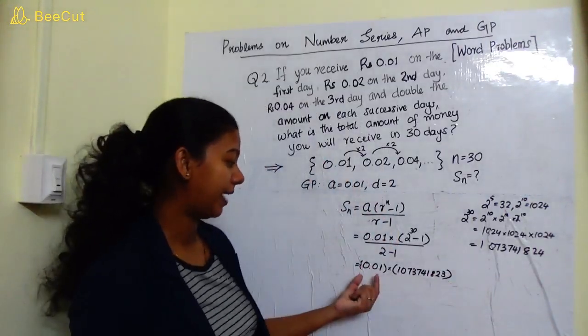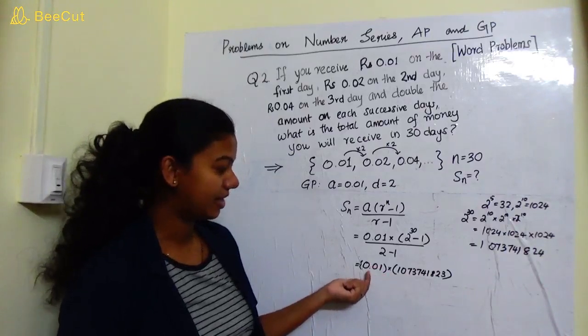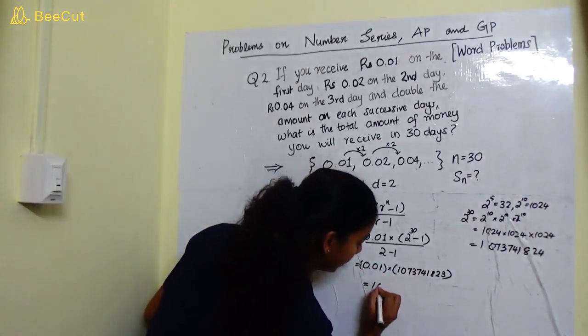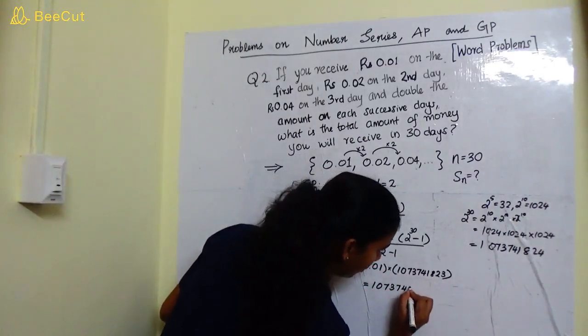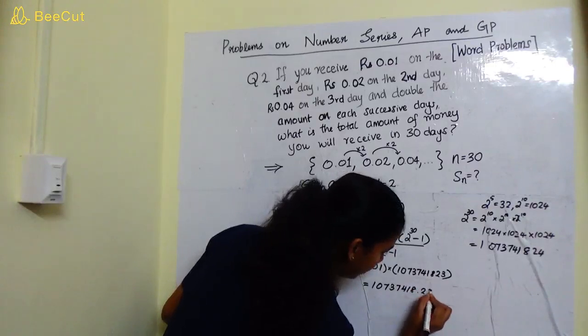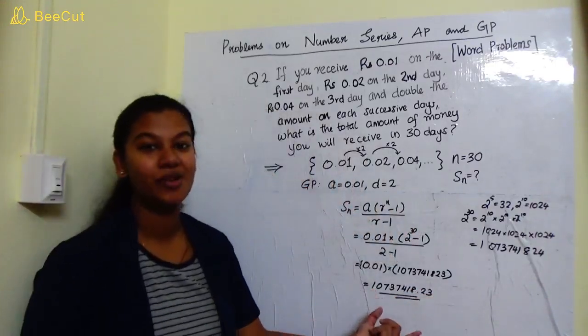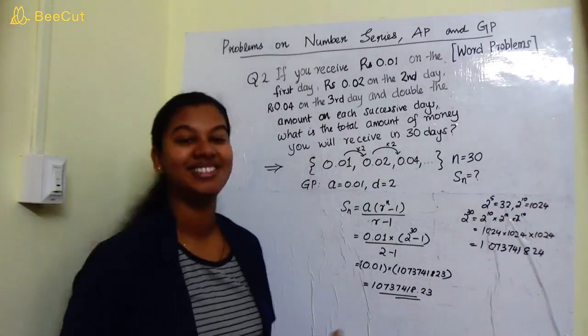And you have to multiply with 0.01. That is 2 decimals this side to the left. So the answer will be 10737418.23. So this will be the total amount you will get in 30 days.